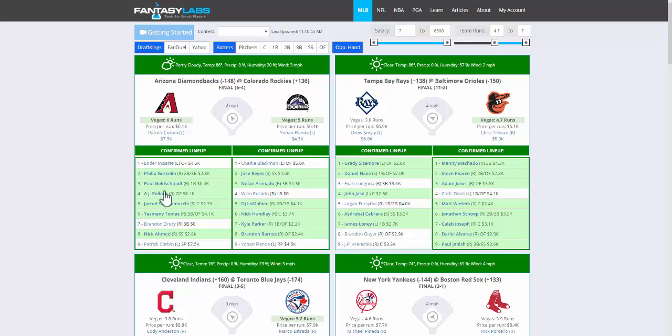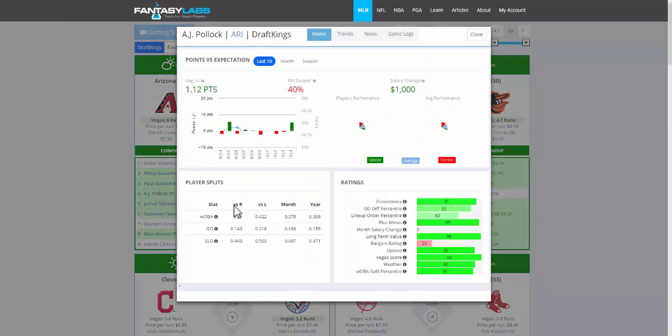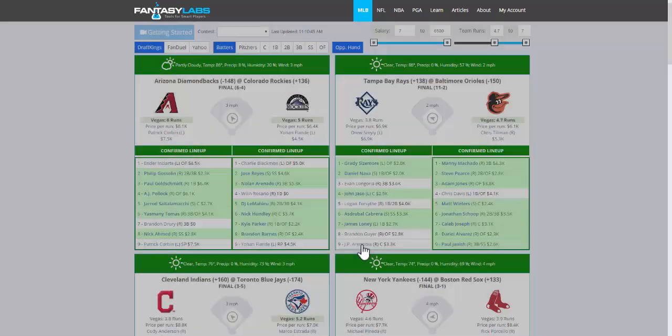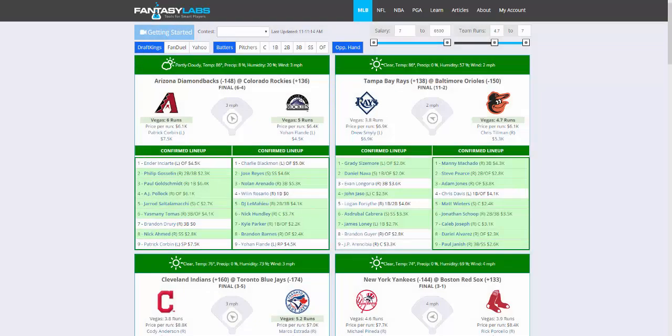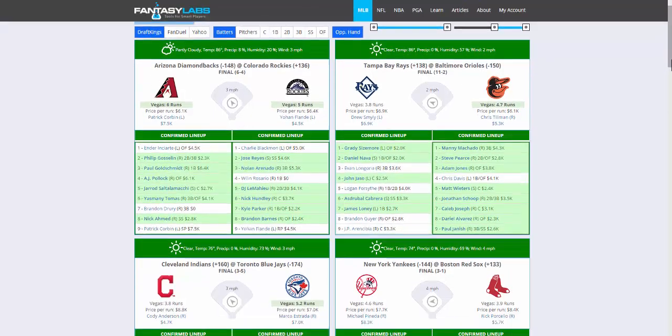But those guys who are extreme splits players, I think .143 against righties, .218 against lefties. This is a situation to target against lefties, since salaries are often a reflection of overall performance, and guys are in really different spots when they face a particular handedness of pitcher.